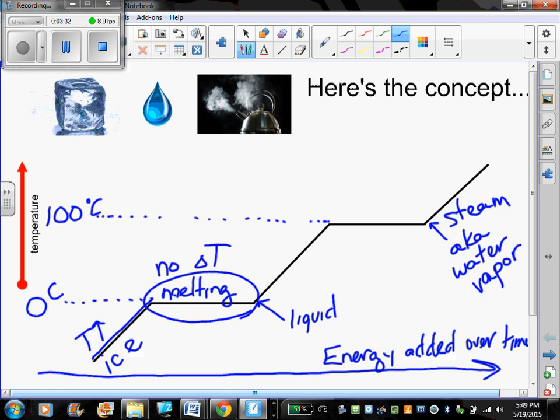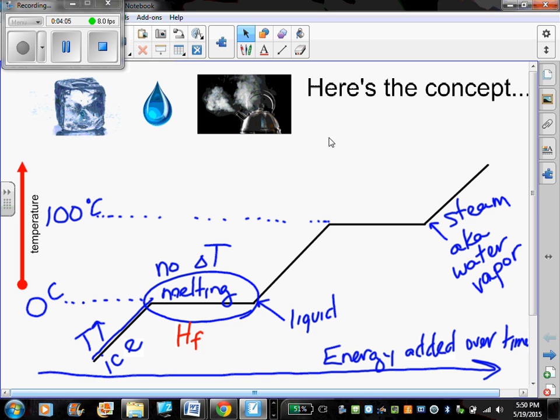I also want to give one other quantity to this area where we were melting and going through our phase change from solid to liquid. We're going to refer to this during our heat calculations. We're going to refer to all this energy that's not creating an increase in temperature, it's instead creating a phase change, as the heat of fusion.